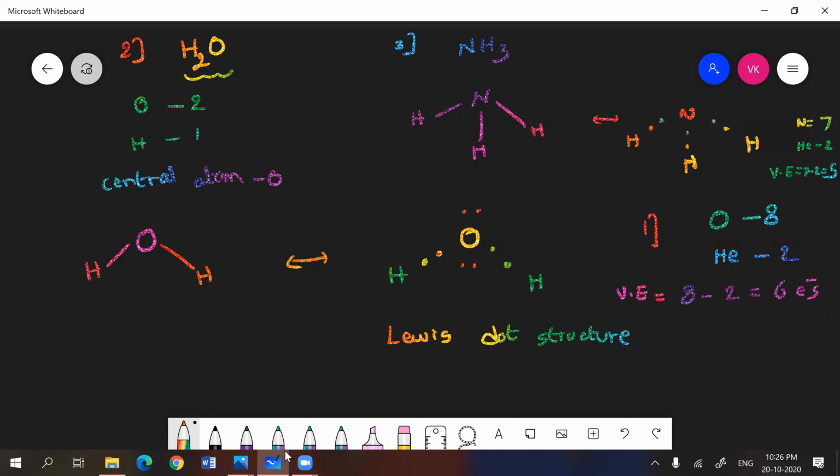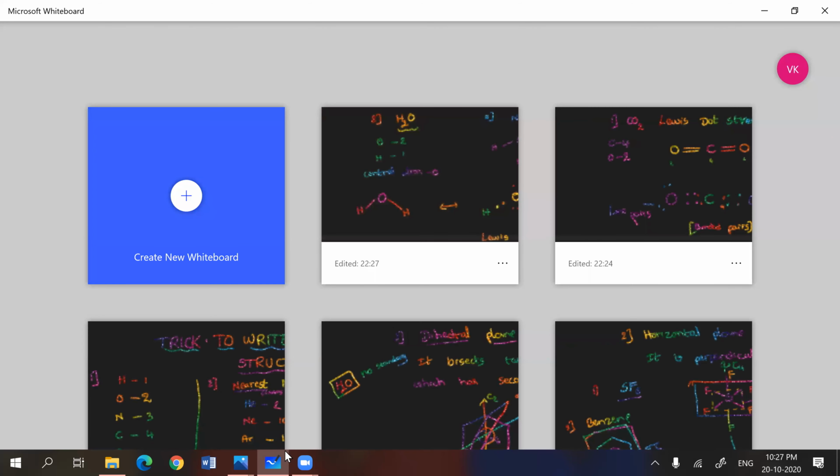So 5 minus 3, how many electrons are left on nitrogen? 2 electrons. So we should write it as a lone pair. One lone pair will be there on nitrogen, and these are bonded pairs. So let us discuss one more example here.